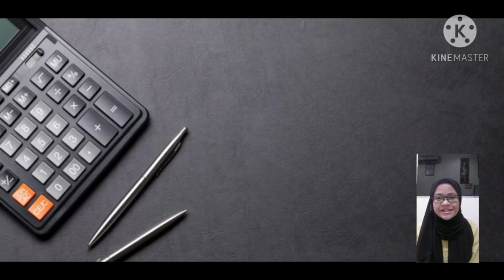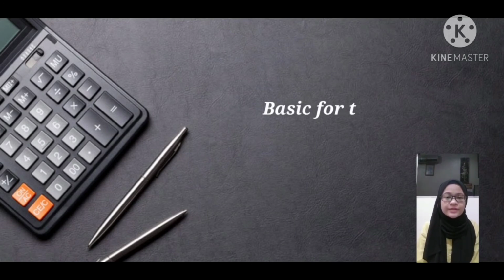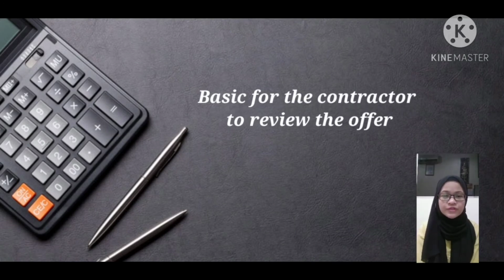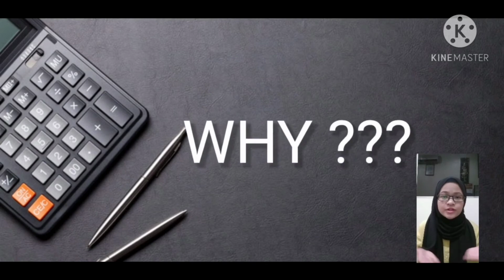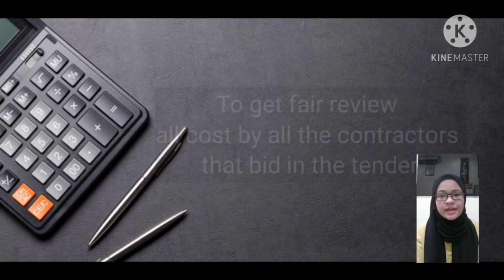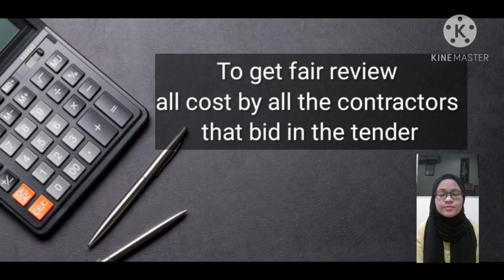Next, these documents also serve as the basis for the contractor to review the offer. The contractor needs to review the offer in order to get a fair review of all costs by all the contractors that bid in the tender.